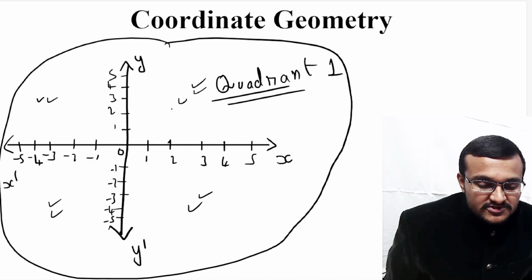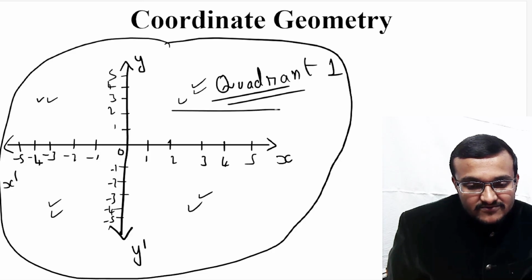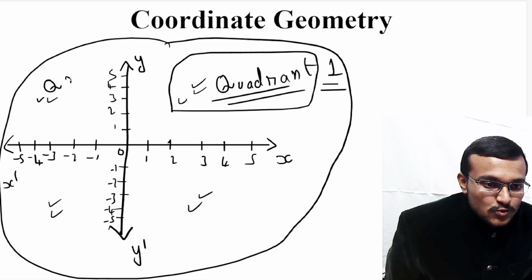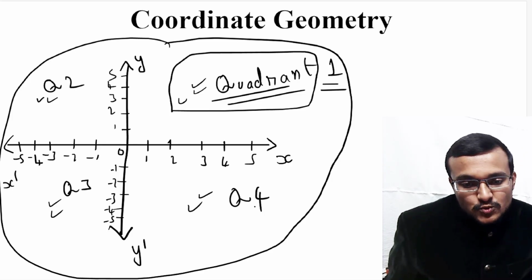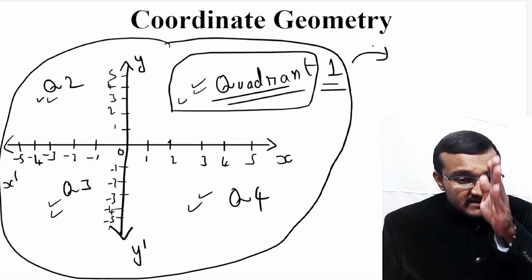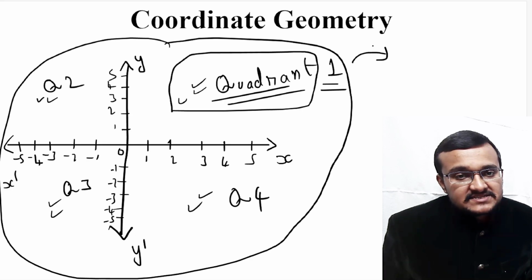That's why 1/4 of this particular plane is known as a quadrant. This is known as quadrant 1, this is quadrant 2, this is quadrant 3, and this is quadrant 4.